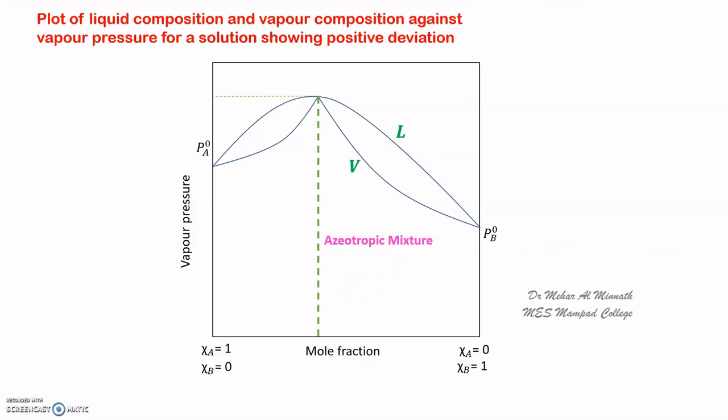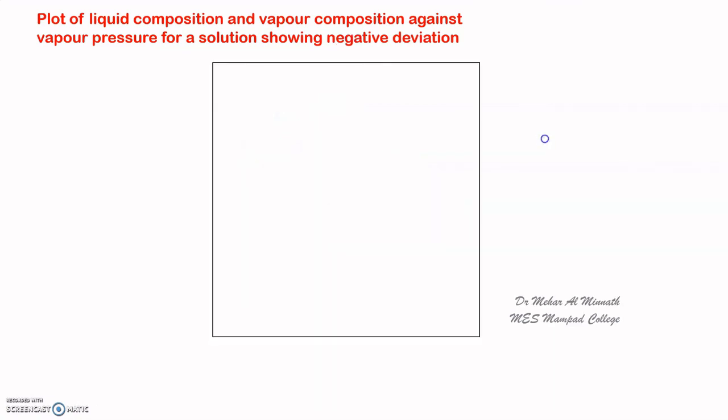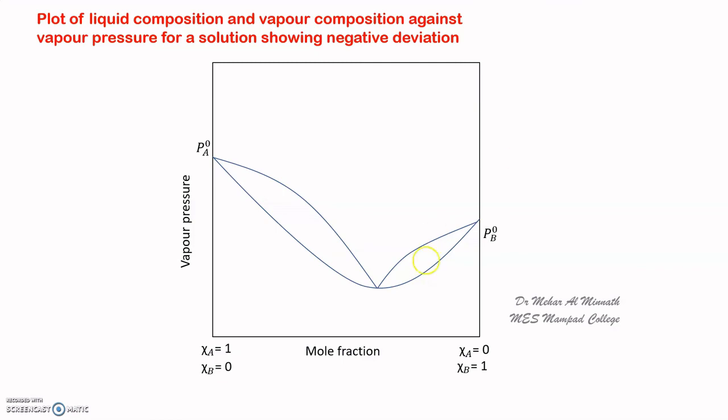We'll be looking into more detail about azeotropic mixtures later on. So this is how the liquid composition and vapor composition curves appear for a solution showing positive deviation. In a similar way, if we look at a solution showing negative deviation, what we find is the opposite of this. It's just the opposite, because we know that a solution showing negative deviation will have a minimum in the vapor pressure.